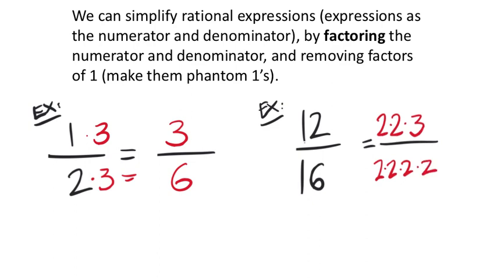Now it says up here, you can remove factors of 1. Essentially, we're making these phantom ones, right? So in other words, 2 divided by 2 is 1, and that's a 1. I didn't just cross it out. I crossed it out with a 1, so I know I can make that a phantom 1, right? And same with this 2 divided by 2. It's just a different color, but it's a 1. And then if I wanted to, I could rewrite the fraction.